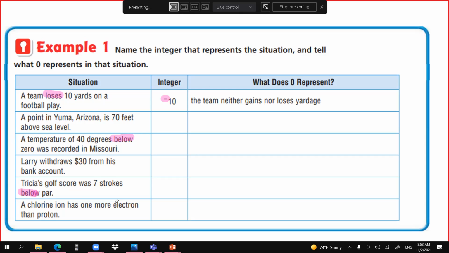Now, electron, one more electron. If you know in science, the proton is positive and the electron is negative, so the electron has a negative sign. So all of these keywords, when you see them, mean you are talking about negative numbers. The situation here is negative. And there are other words you have to learn, like withdraws.